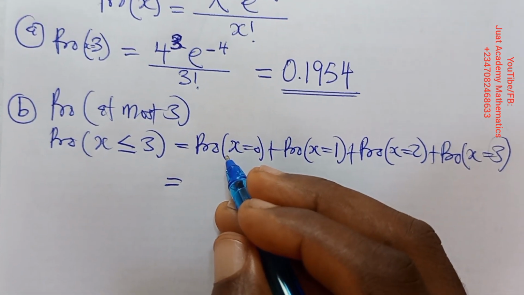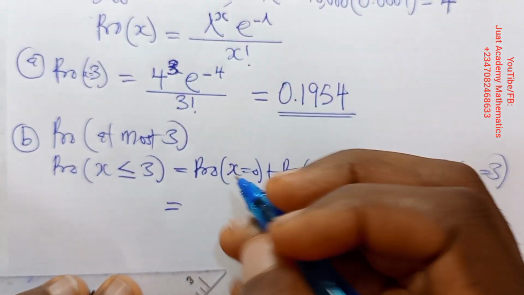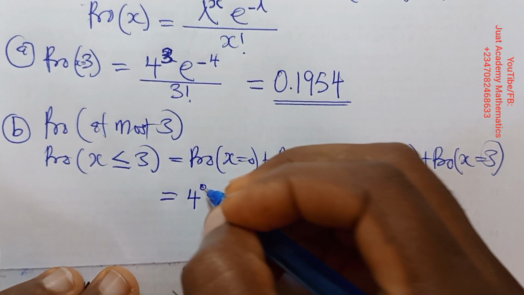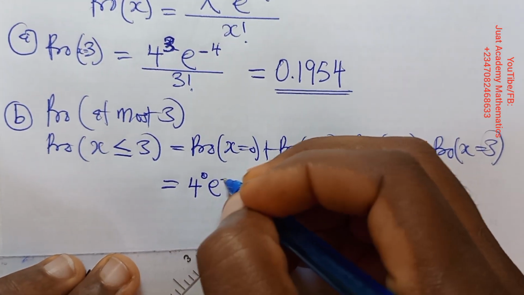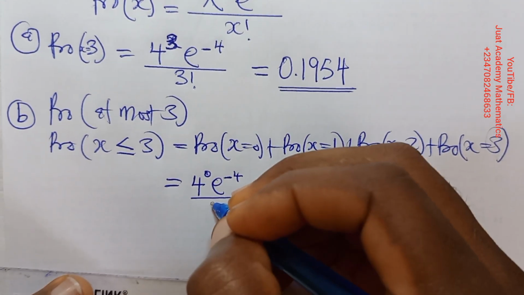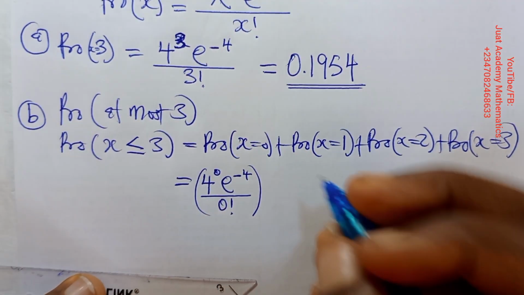For 0, we do the same thing. The expected value is still 4 raised to the power of 0, then e raised to the power of minus 4, over 0 factorial. That is for 0.